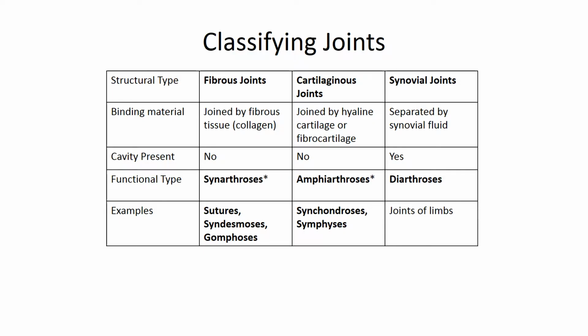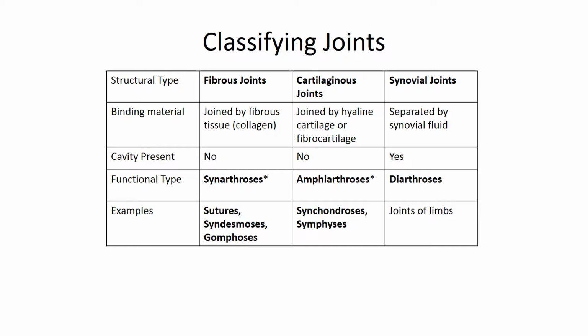All synovial joints are diarthrotic. Synovial joints are quite complex in structure, are the most numerous type of joint in the body, and permit the greatest range of motion. Because of this, we will talk about synovial joints in detail.